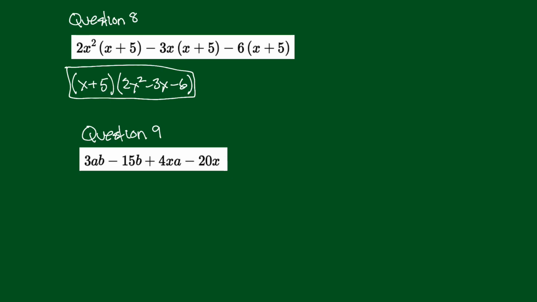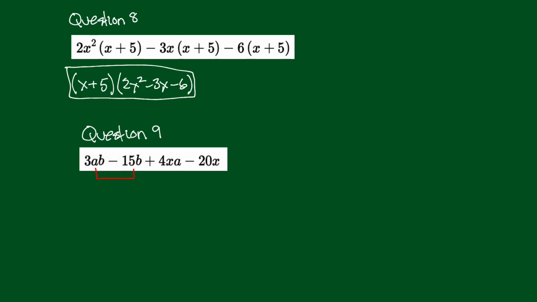But here's a clue. I've got an even number of terms. So when a book writes an even number of terms, you're probably going to do this by grouping, and we're going to group together two terms. Now, here's what I notice. In the first two terms, 3 and 15 have a 3 in common, and then there's also a B in common.